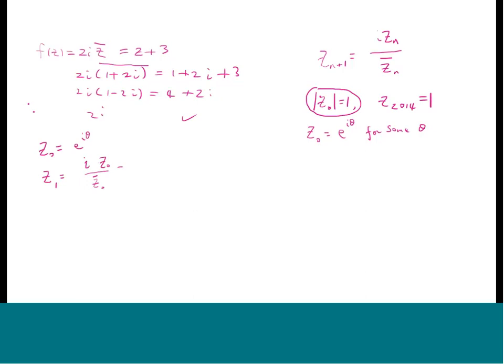So it's going to be i, then z_0, which is e to the i theta, divided by z bar, which is e to the minus i theta. Flip along the x-axis, that's just z bar. So it's i times e to the 2i theta. Then z_2 equals i times z_1 over z_1 bar.